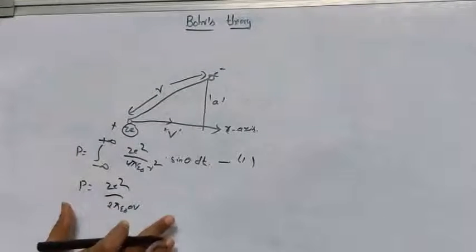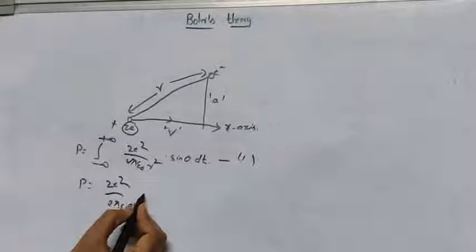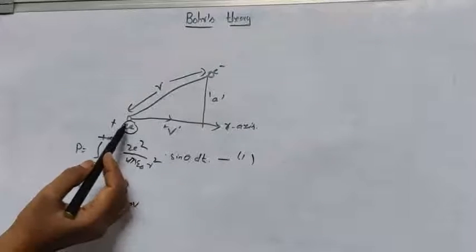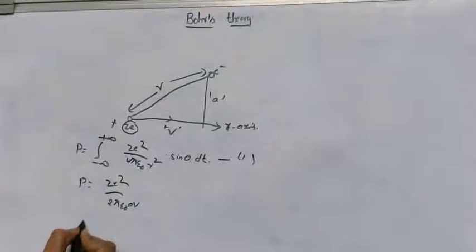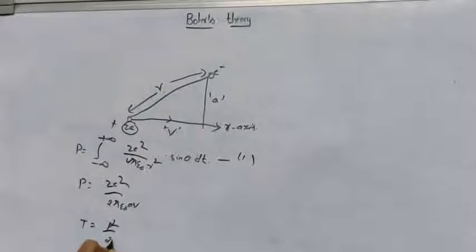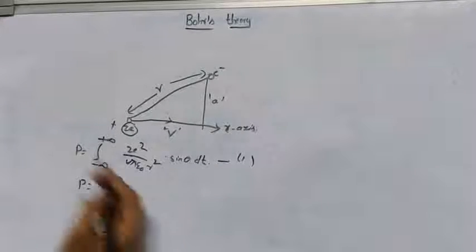After deriving the final equation for the transfer of momentum, we have considered the kinetic energy. How the kinetic energy is transferred from the charged particle to the electron, we have denoted it as T is equal to P square by 2m naught. Already we know the value of P from equation 4 in the previous lecture.